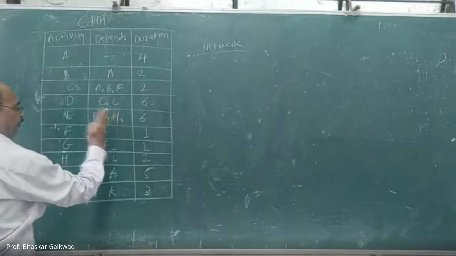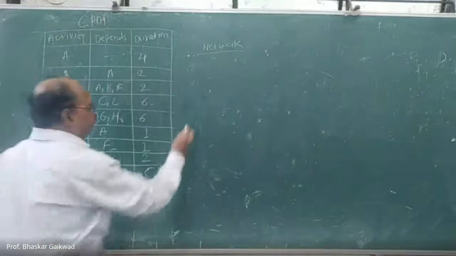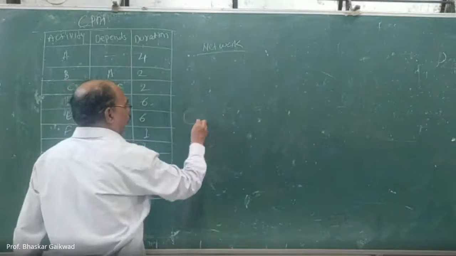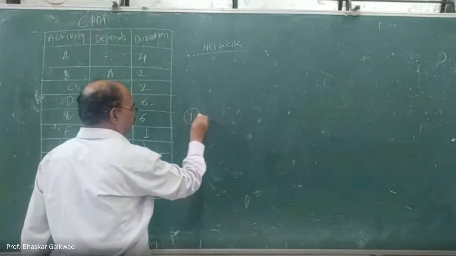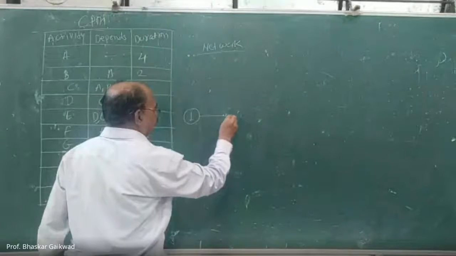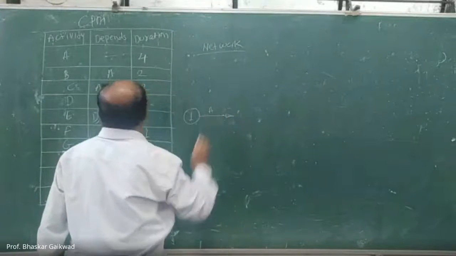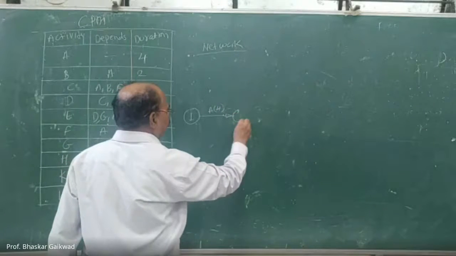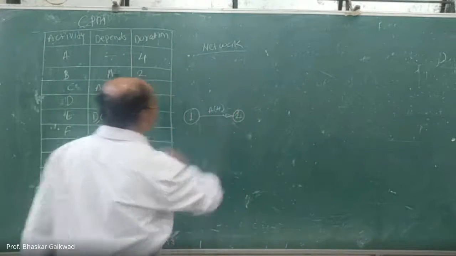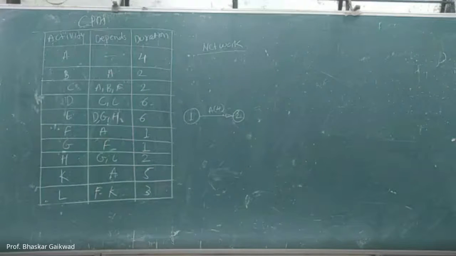Here, before A there is no activity. So that's why this is node 1. This activity is A. And what is the duration of this? In bracket you can write 4. Here you can make node 2. 1, 2. Correct.